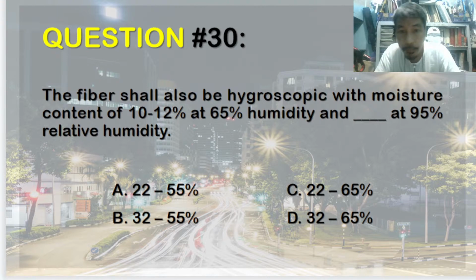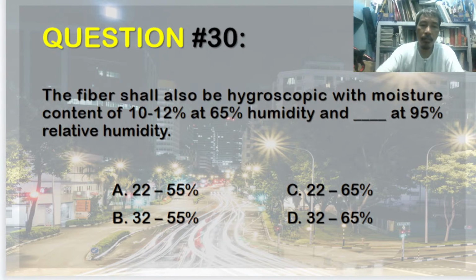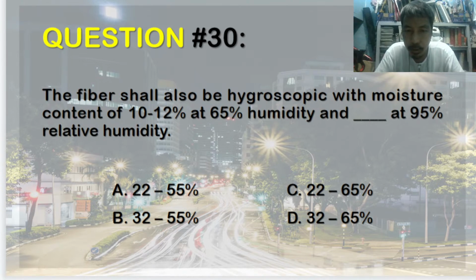Number 30. The fiber shall also be hygroscopic with moisture content of 10 to 12% at 65% humidity and blank at 95% relative humidity.